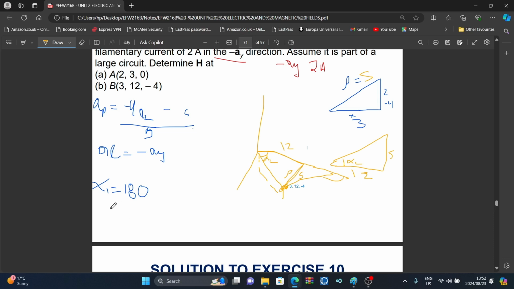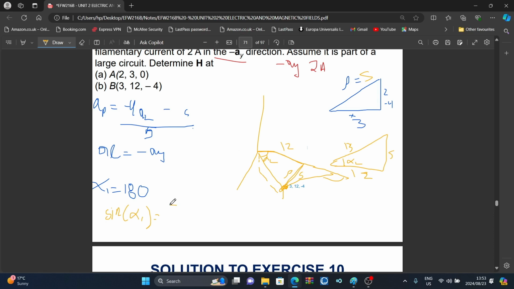In this case, let's use sine of alpha 1, which is equal to... then we need to find this hypotenuse, which is 13, because 12 squared plus 5 squared, square root, gives you 13, which is going to be opposite.